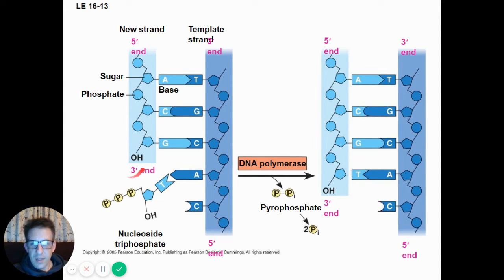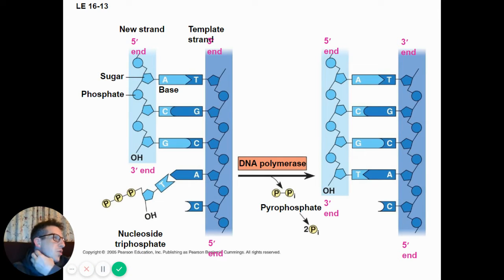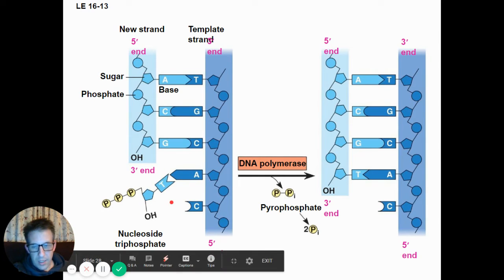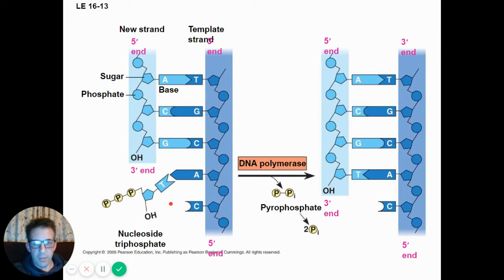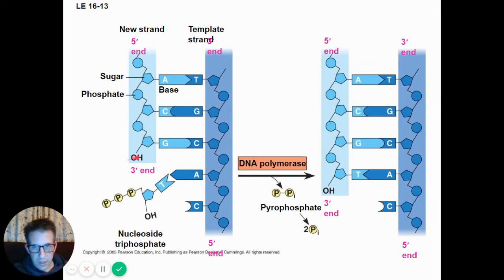Okay, now this is where we get into this idea of 3' and 5'. In the next slide you'll see it talks more about elongation of that new strand. New base pairs, like this T that we're going to add right here, can only be added to the growing 3' end of the new strand. Okay, so that's what we see happening here. This right here is the 3' end. So here's the 3' end of the growing strand.